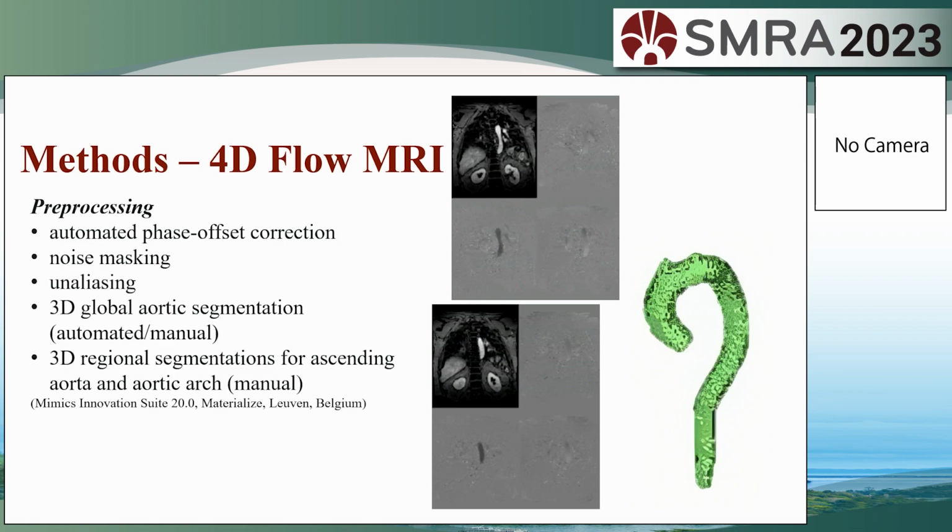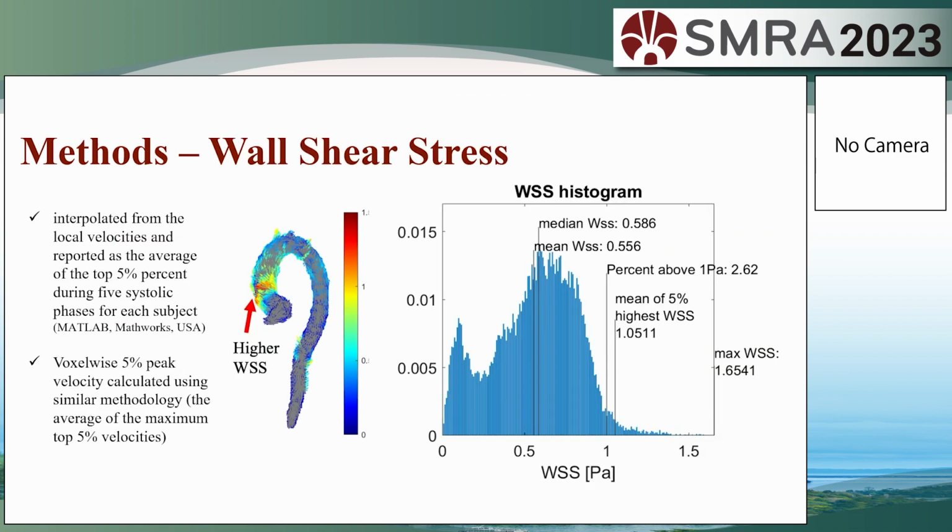Here we can see a 3D segmentation of one of the COVID-19 cases. And the same segmentation method was also applied for the ascending aorta and aortic arch as well. Wall shear stress measurements were interpolated from the local velocities and reported as the average of the top 5% during the 5 systolic phases for each subject.